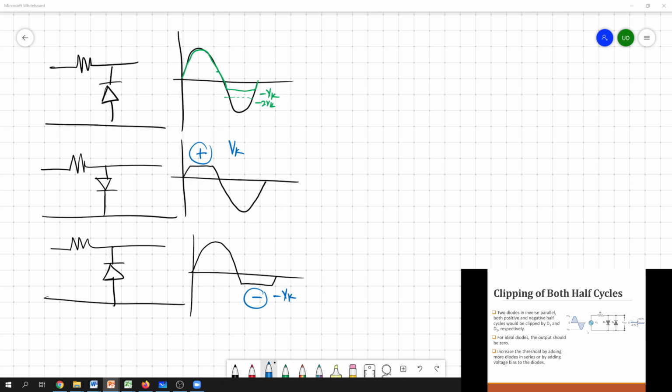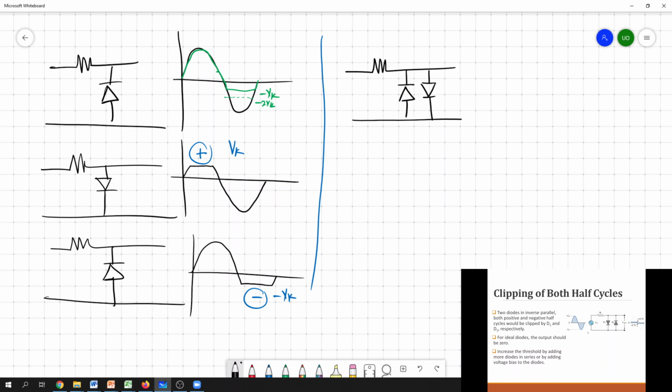So what happens if you add these two diodes together? If we add two diodes together, what happens to the circuit?